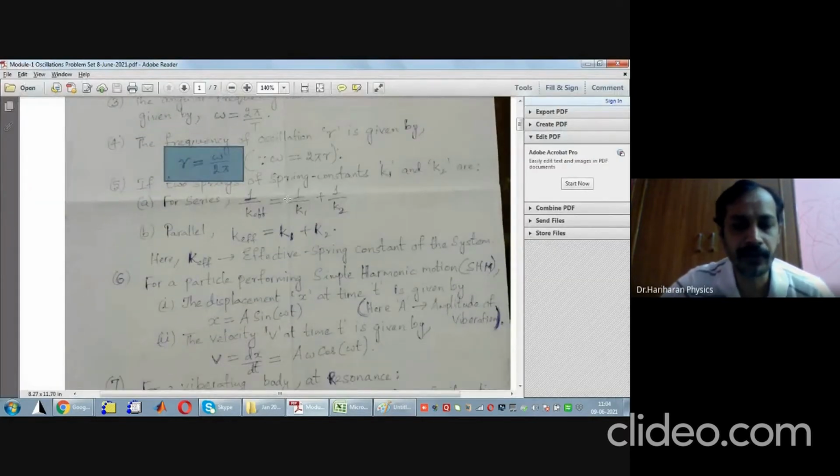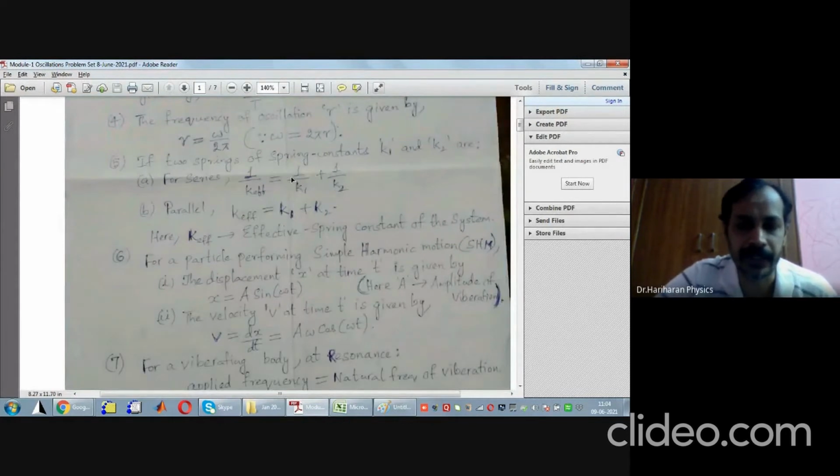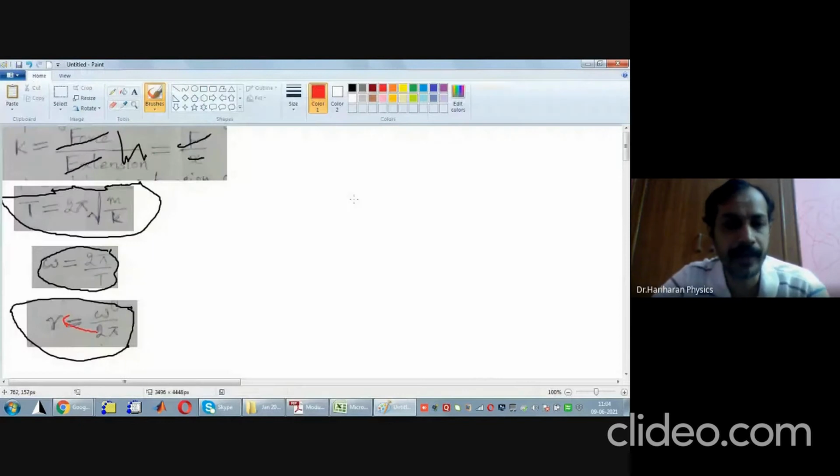Next, what is the fifth formula? Look here. If two or more springs are connected in series, then the effective spring constant for series is given by 1 by k effective is equal to 1 by k1 plus 1 by k2.